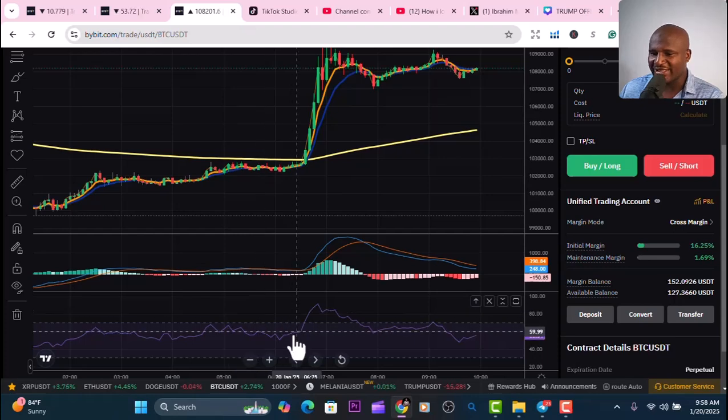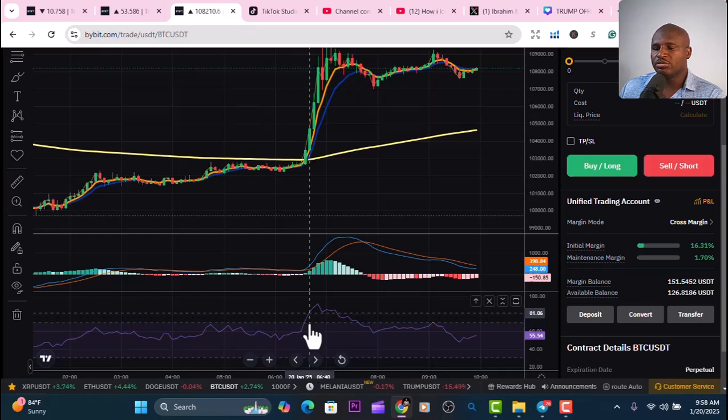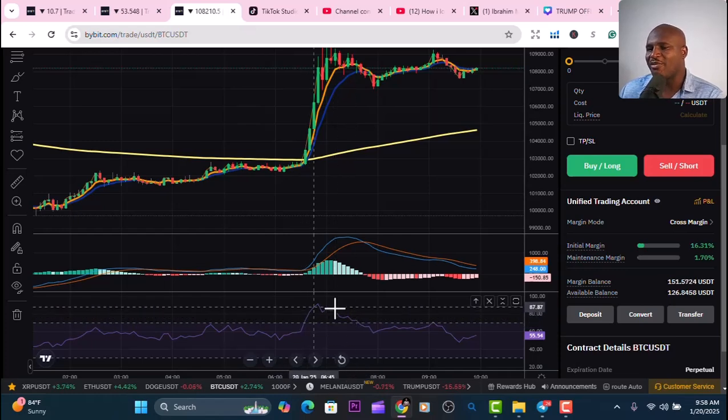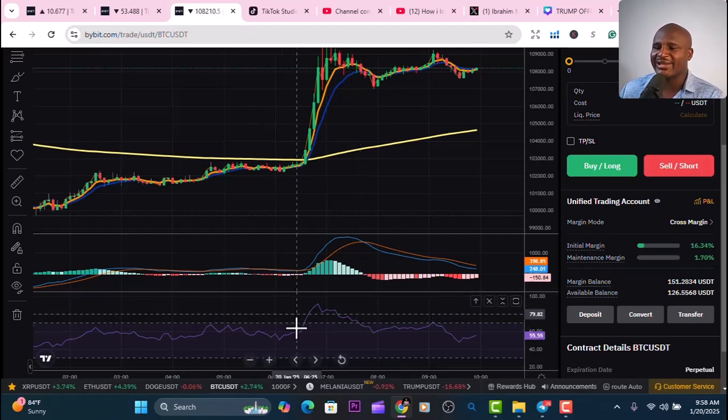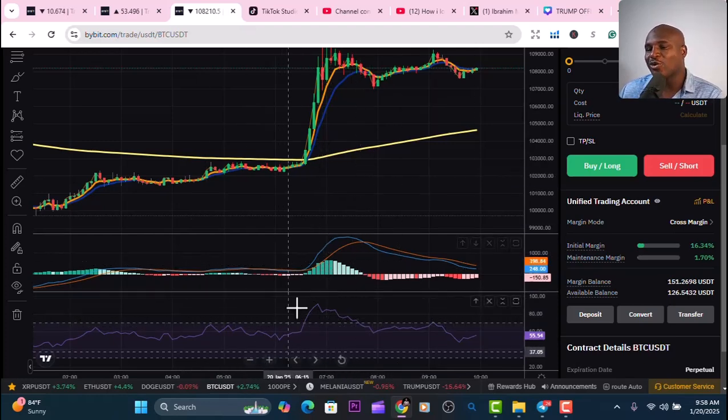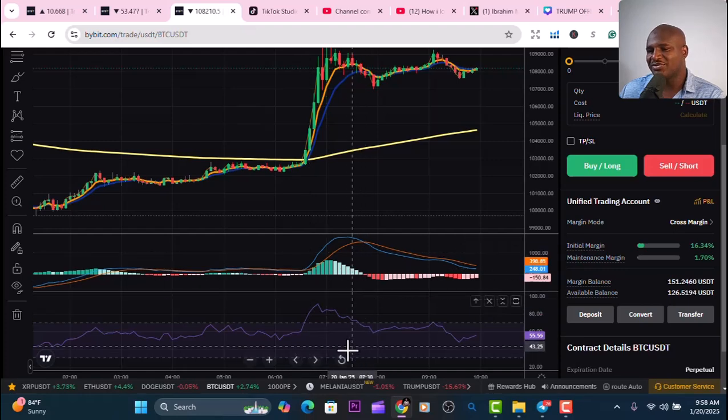You can see that the RSI line has crossed the 70. This area simply means that it has been overbought.